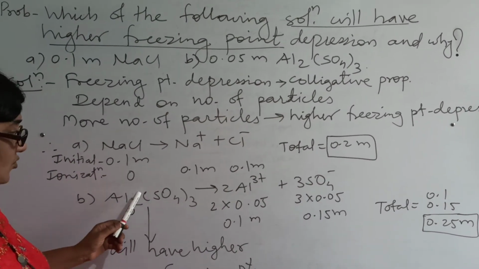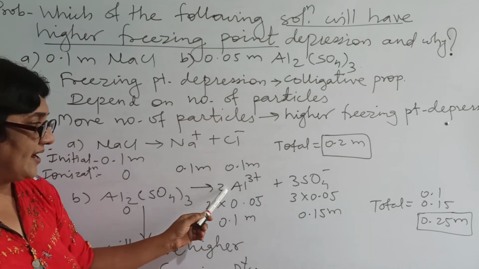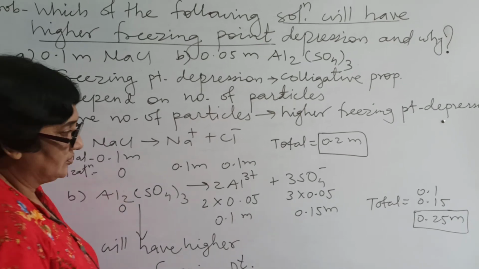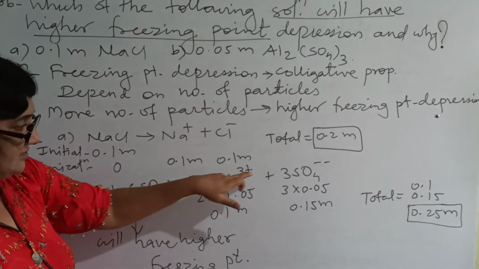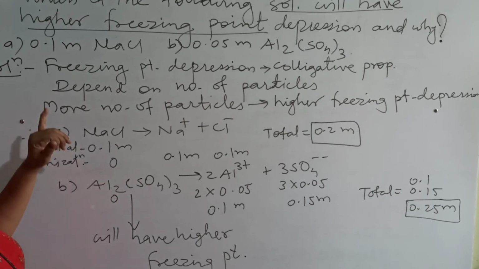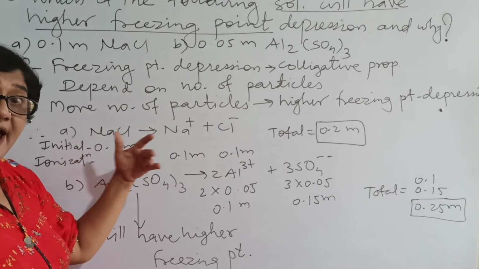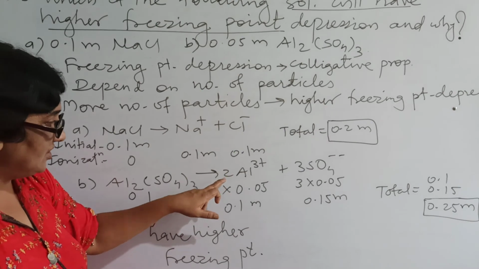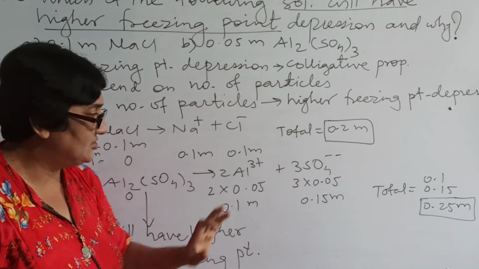Then B, Al2(SO4)3 dissociates like this: 2 particles of aluminium ion and 3 of SO4 ion, total 5. Now the initial concentration before the ionization is 0.05, and after ionization when it divides into these particles, what is the concentration? 2 into 0.05 and 3 into 0.05.